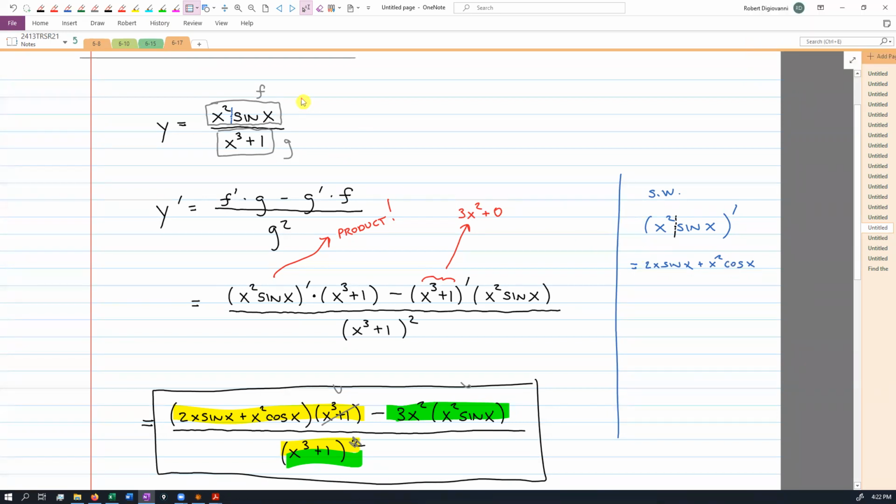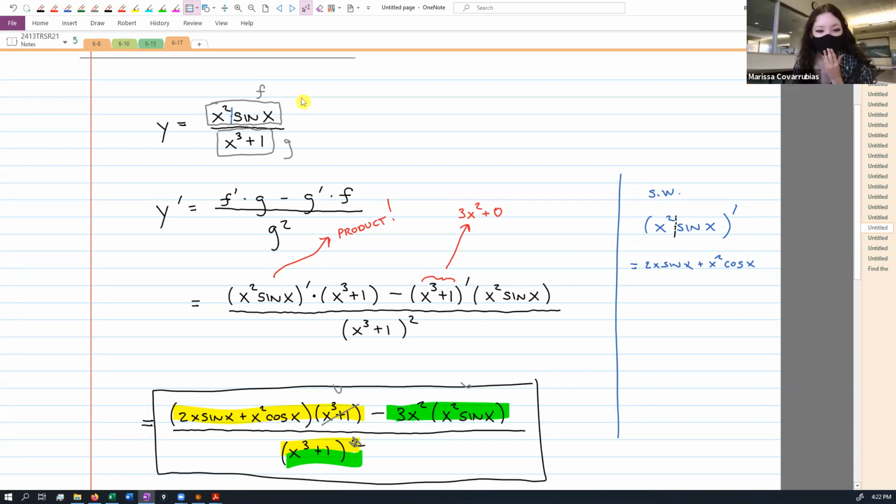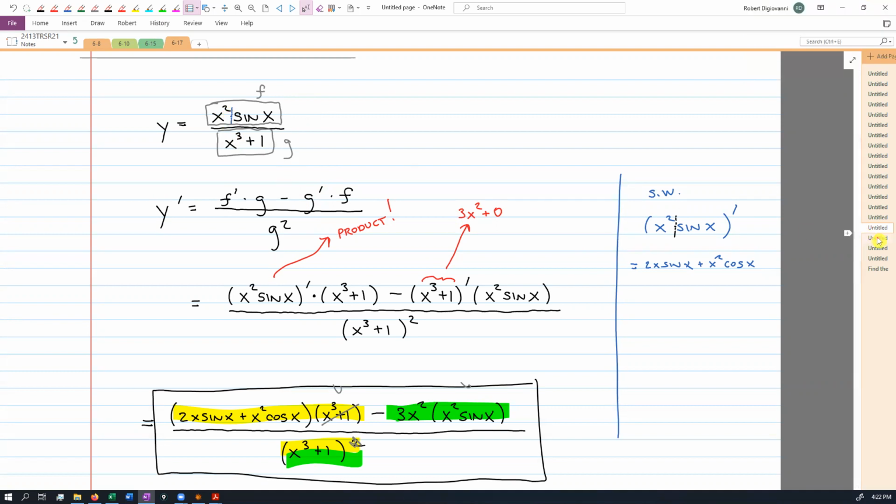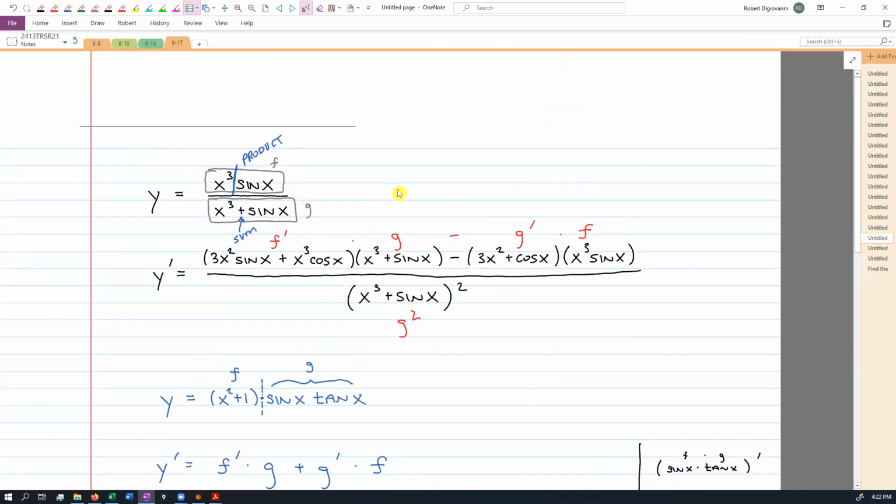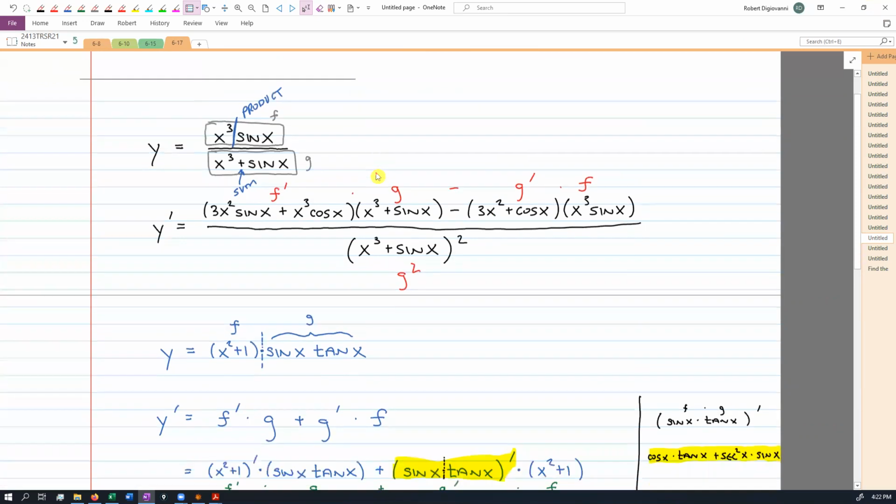Oh, okay. I understand what I did. My exponent was a 3 instead of a 2. But let me just double check, because I thought this is the problem. Okay, this is the problem you're talking about.